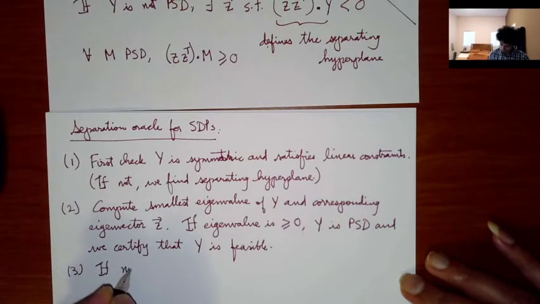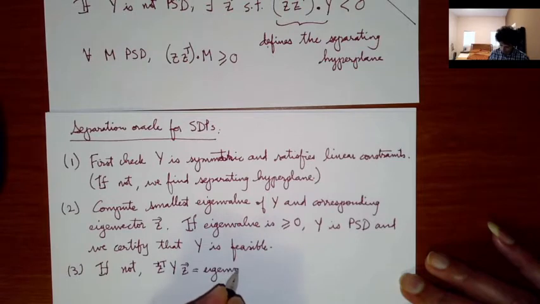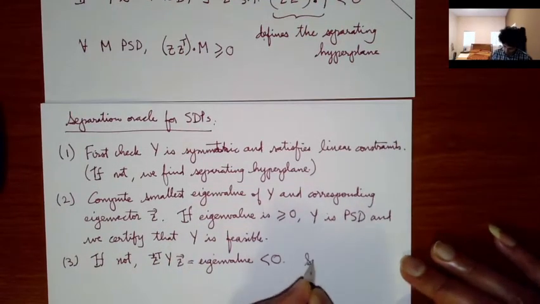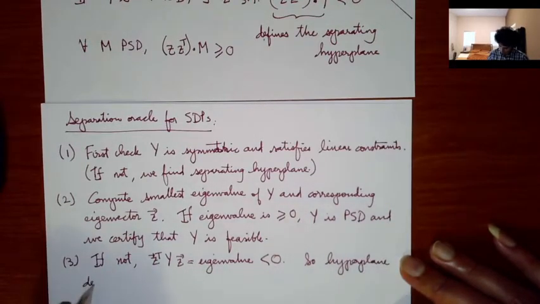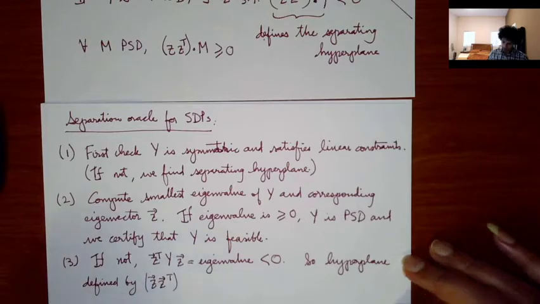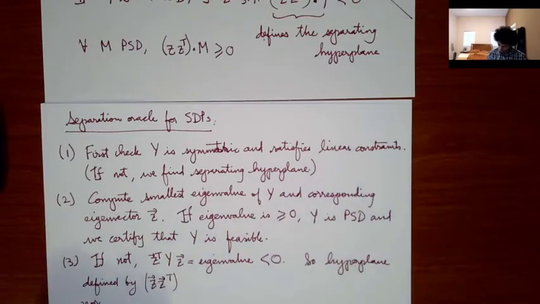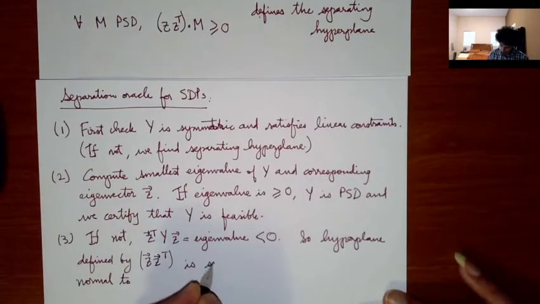If not, then Z transpose Y Z is equal to the eigenvalue, which is less than 0. And so the hyperplane defined by ZZ transpose, or technically you can say the hyperplane normal to ZZ transpose, is a separating hyperplane.